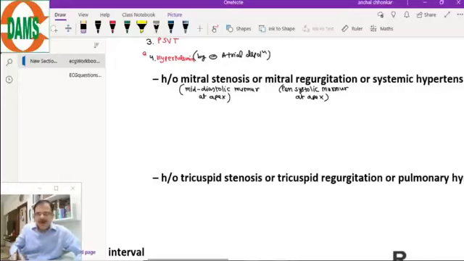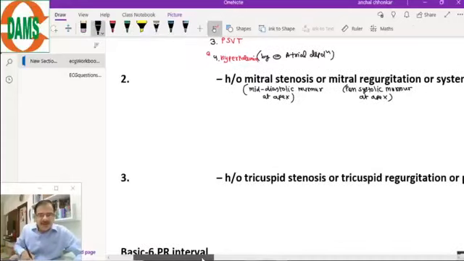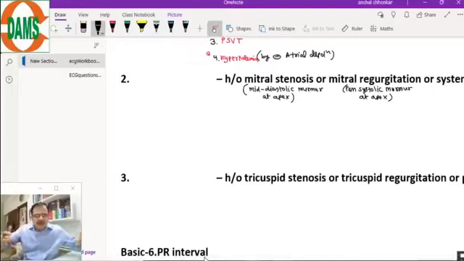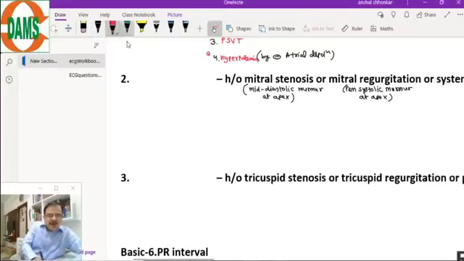Now, what will be our conclusion or differential diagnosis in our mind? Because of mitral stenosis, the left atrium enlarges. Because of mitral regurgitation, the left atrium enlarges. Because of systemic hypertension, first left ventricular hypertrophy will be there and then left atrial enlargement. So for all these three clinical clues, we will be looking at left atrial enlargement.